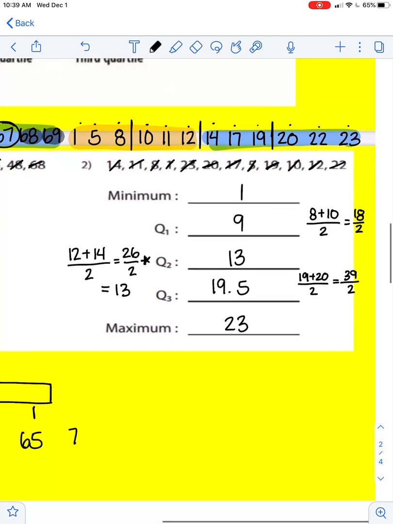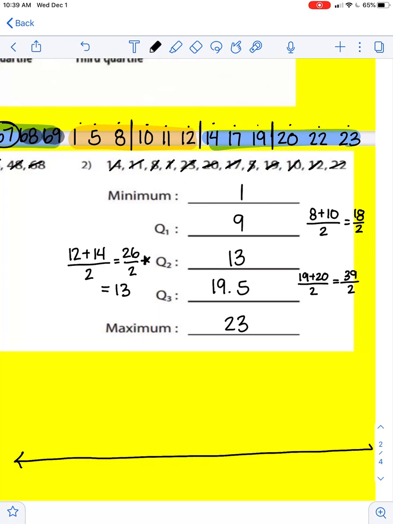So now it is time to make our box and whisker plot over here. So I'm going to draw my number line again down here. This time I'm going to start at 0 and I'm going to go to 24. And I'm going to skip count by 3s.